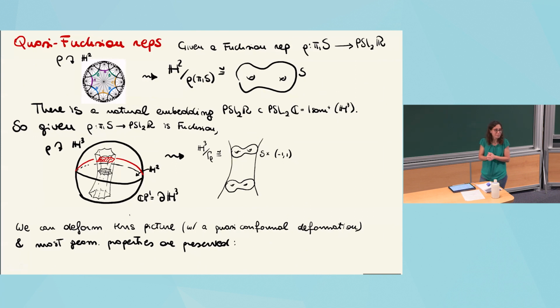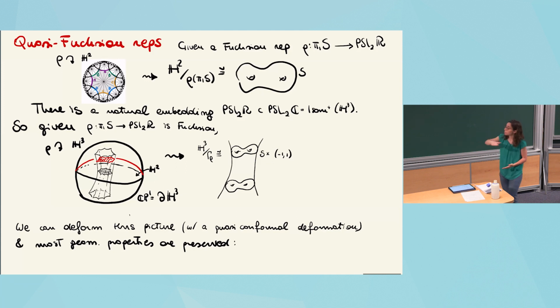I want to talk about another space that I really like, and this comes from the fact that you can embed PSL2R inside PSL2C, so isometries of H3. Then you can take a Fuchsian representation and look at what happens when you look at the quotient in H3.